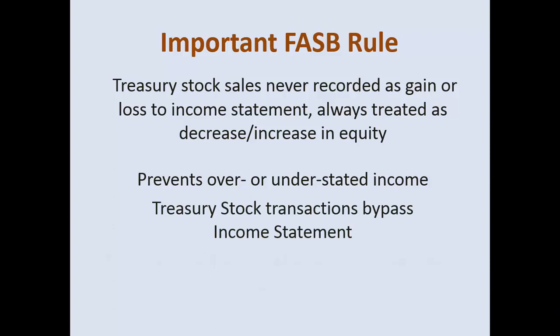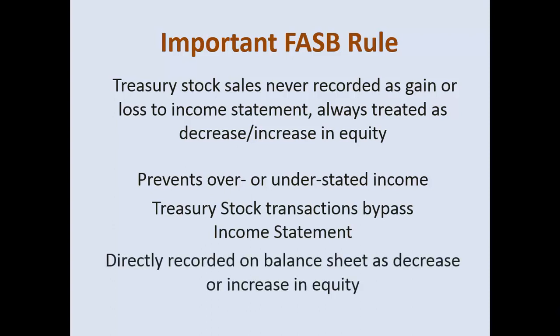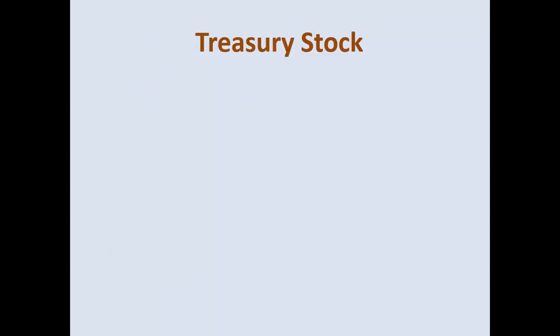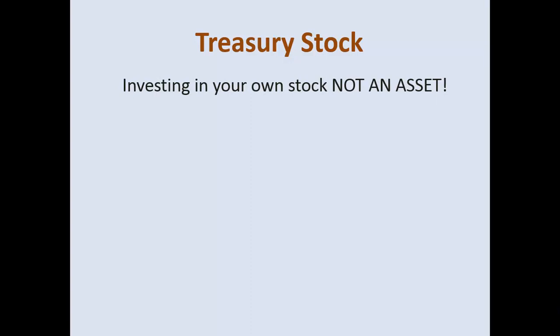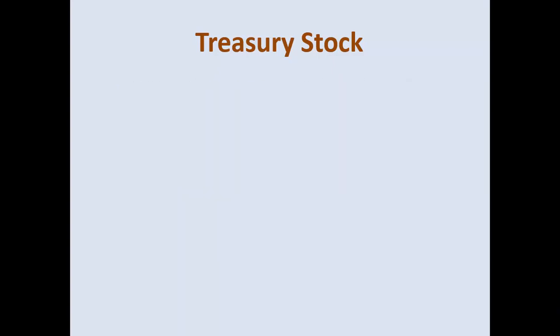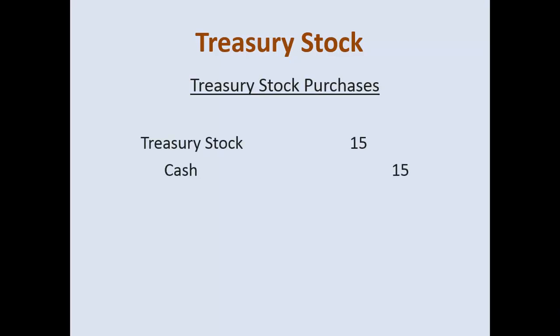Treasury stock transactions bypass the income statement. They're directly recorded on the balance sheet as a decrease or an increase of equity when they're resold. And the key to remember, investing in your own stock is not an asset, it's a contra equity. So the normal balance is a debit. So the normal balance is the same as an asset, but remember it's not an asset.